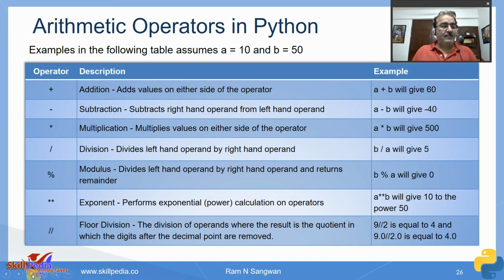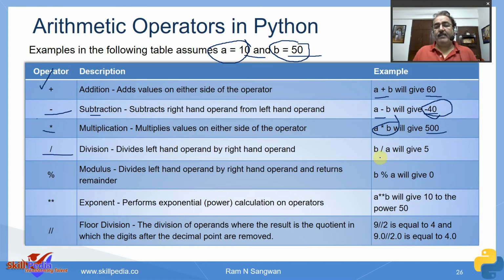But the summary is this. Arithmetic operators are self-explanatory. Plus: a plus b will give you 60. Minus is subtraction: a minus b gives you 40. In this case, if b is 50 and a is 10, then you can expect a minus b will be minus 40. Remember, don't get confused, please. Multiply is multiplication, that is 10 into 50, 500.